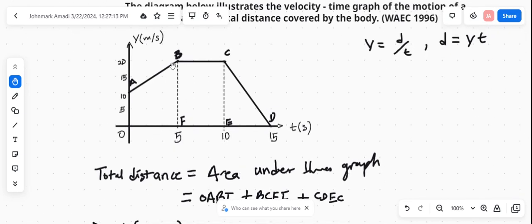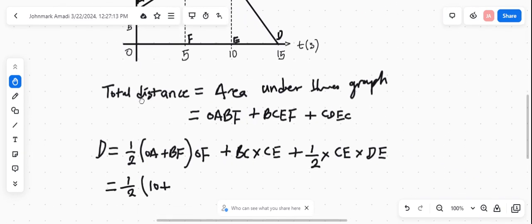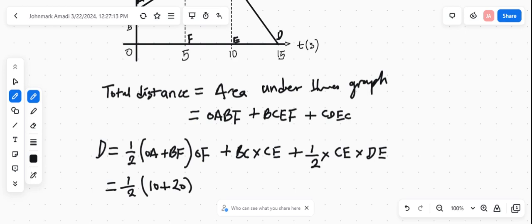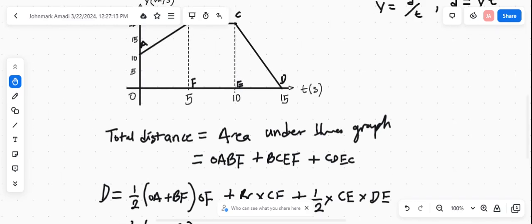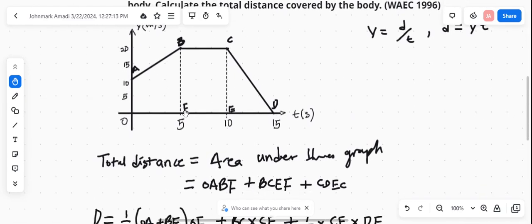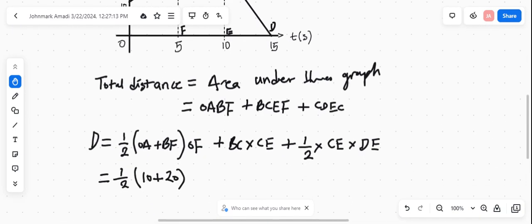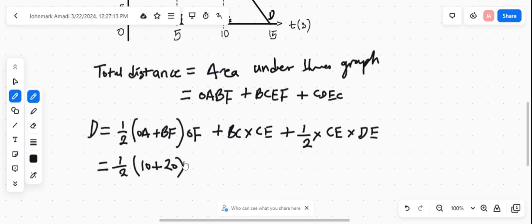BF, from here to here, if you trace it down, is 20. So we write plus 20. And then OF, which is the height, from O to F, is 5.